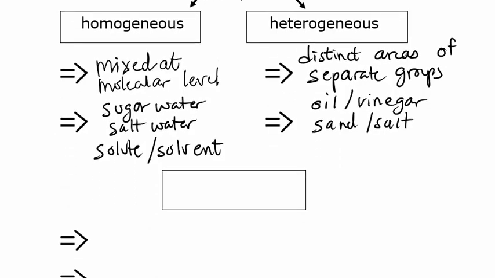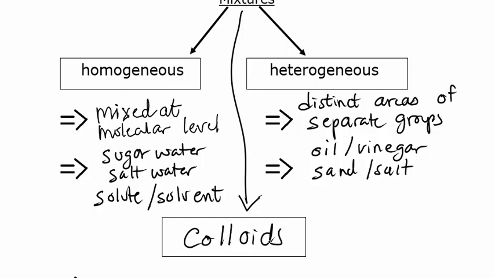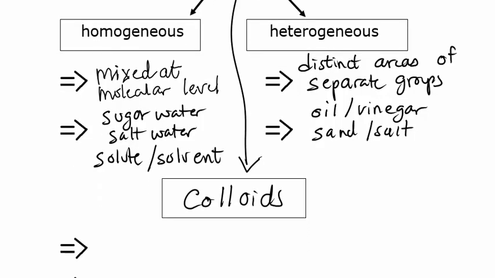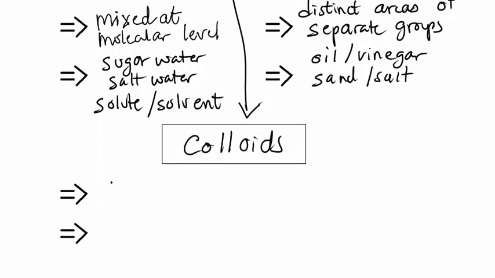But it turns out that there are some things that are in between the two. And so that's a third type of mixture, and that is known as colloids. They tend to be somewhat in between the two other types. One way of describing it is to say that they have groups of solute-like molecules.